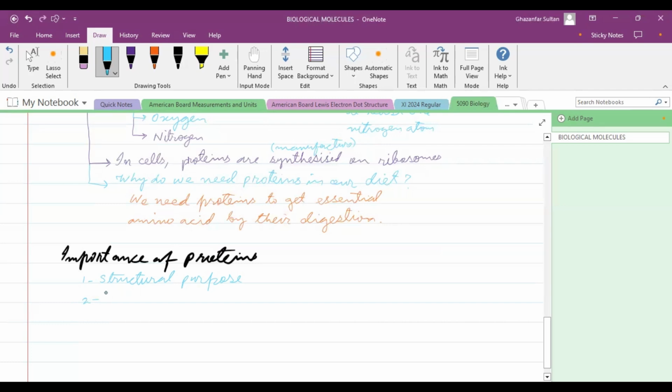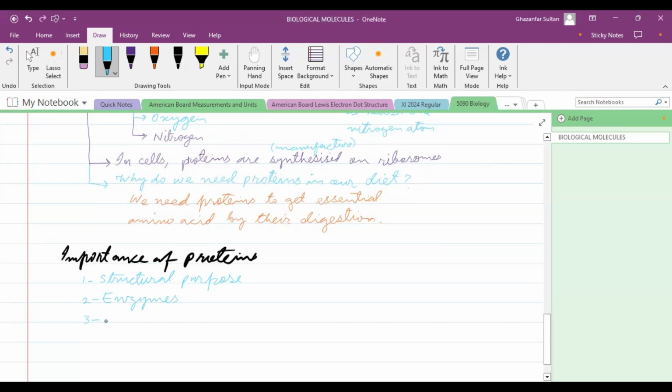And enzymes, another important function of protein is as enzyme. Almost all the enzymes are protein in nature, which catalyze certain reactions in our body, in cells. Number three, it is very important for our defense mechanism.